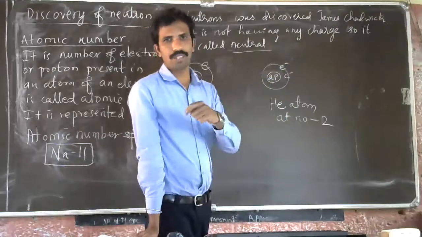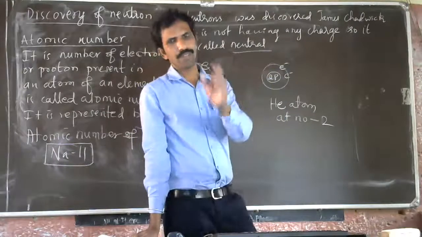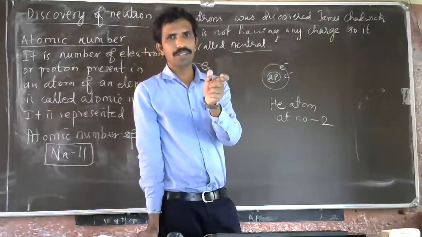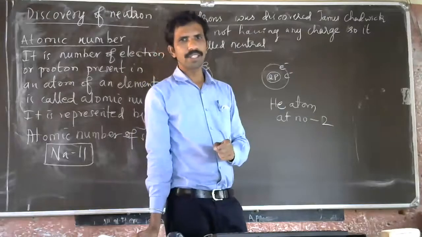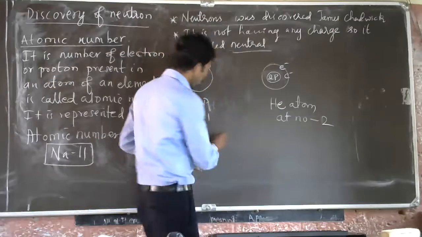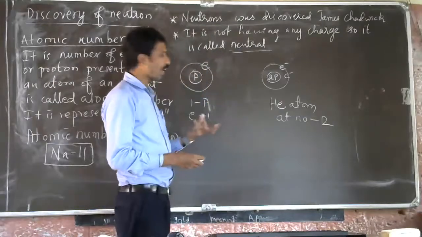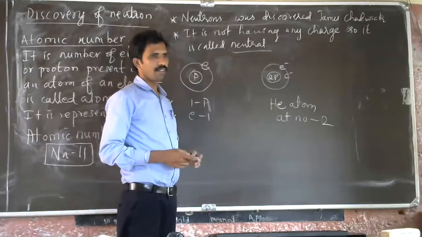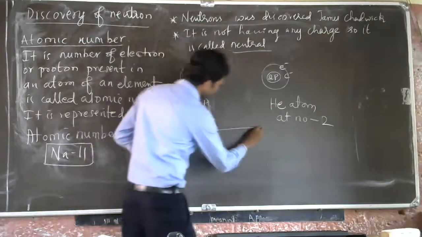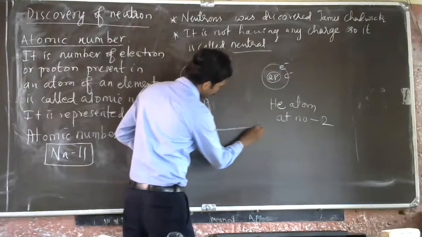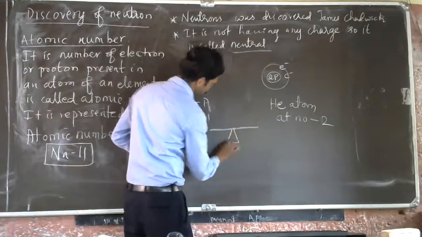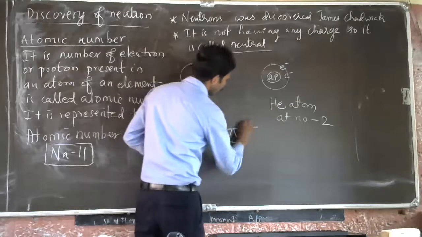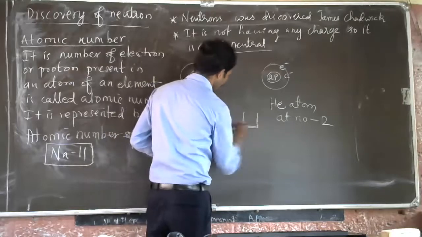Before the discovery of the neutron, there was one question. If we weigh the hydrogen and the helium, so this is hydrogen and this is helium.